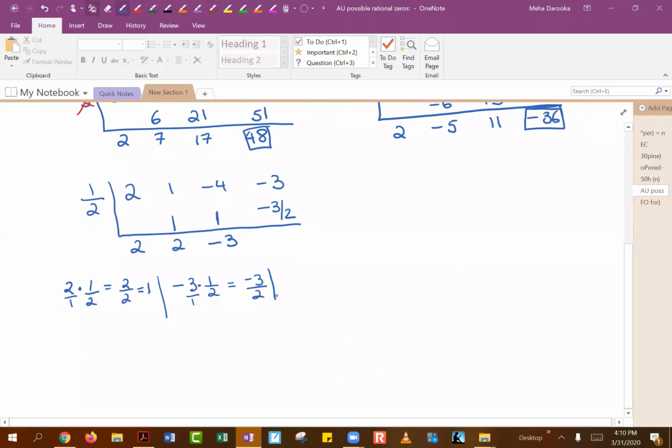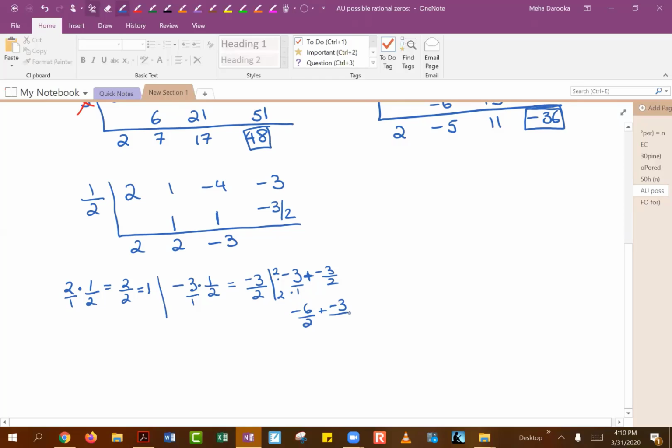Now we are supposed to be adding the -3 with -3/2, right? So you're adding these two numbers. You would again need to find a common denominator or use your calculator to do this. Basically you would multiply this by 2, which would give you -6 over 2.